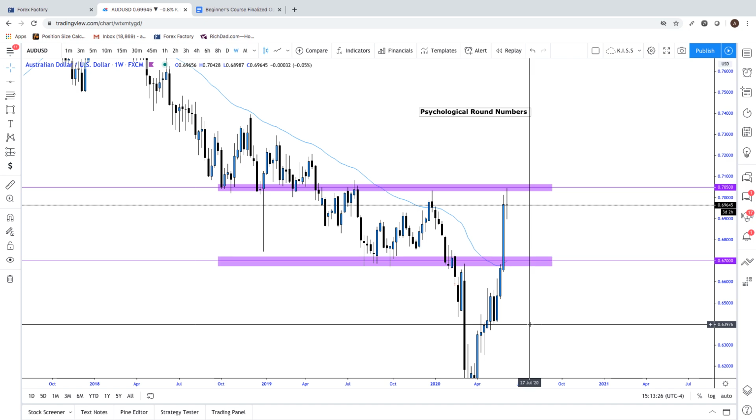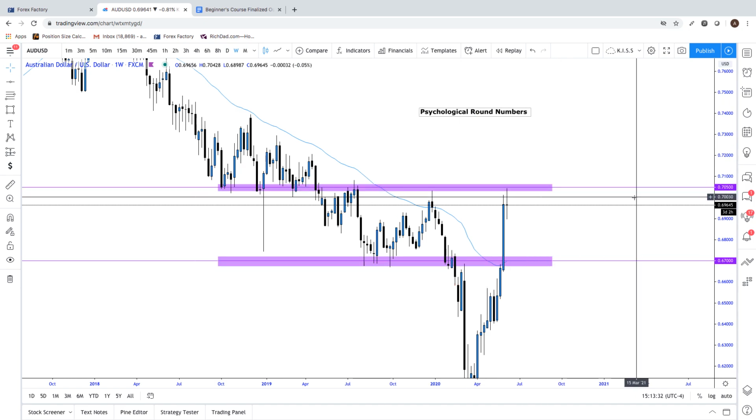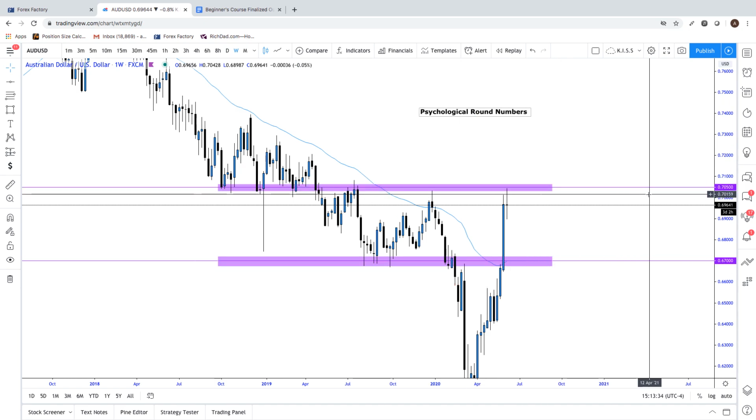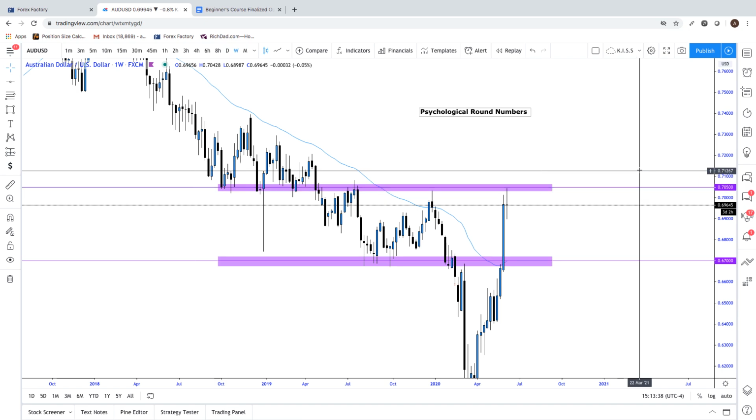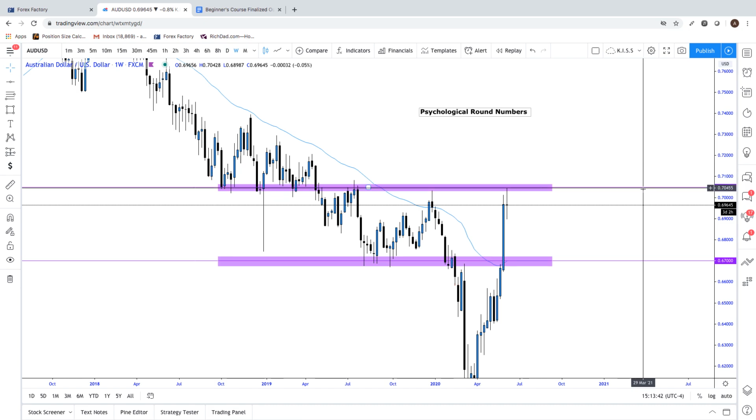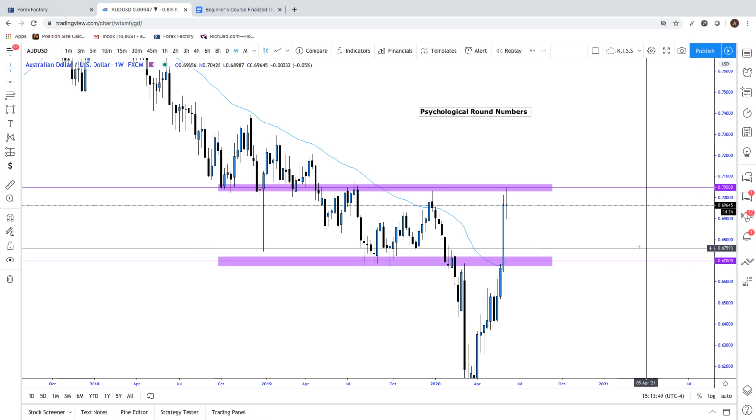Okay, they're psychological. If you think about human nature, if you're a bank, do you want to place your position at 0.70159? You want to place your order at 0.71322? Or would you rather place it at something like 0.7050 or something like 0.6700?